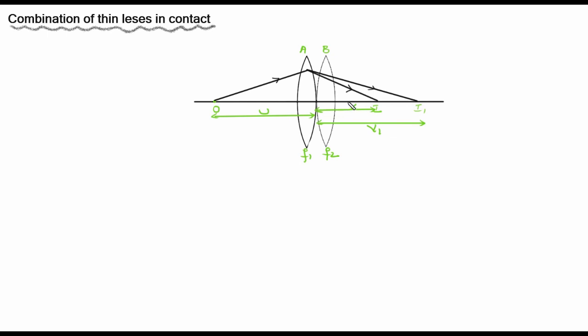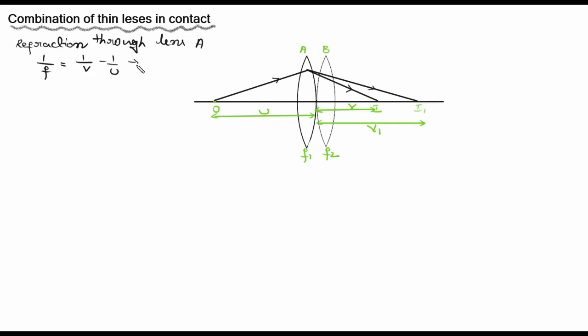Now refraction through the first lens, lens A. We have derived a general relationship between u, v and f in the previous class, which says 1 by f is equal to 1 by v minus 1 by u.